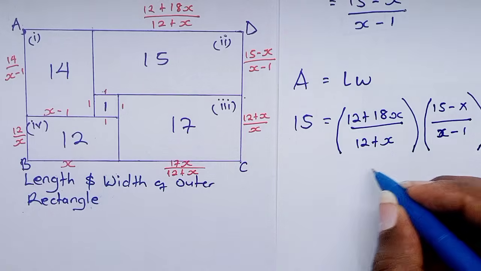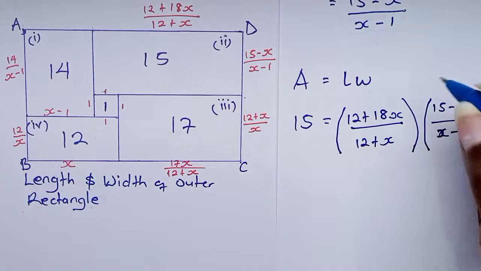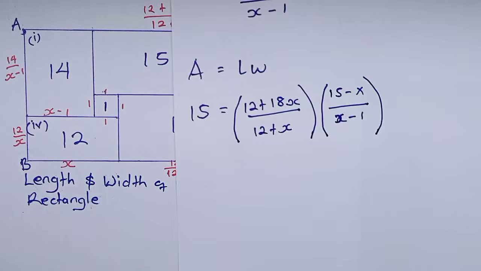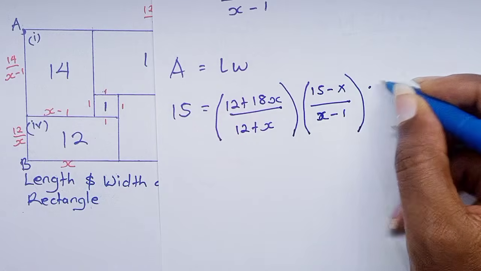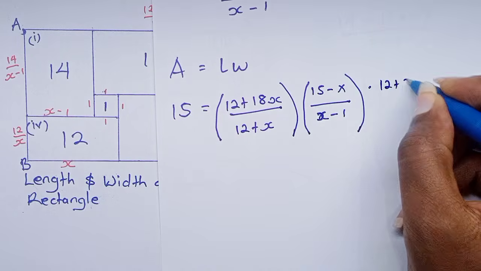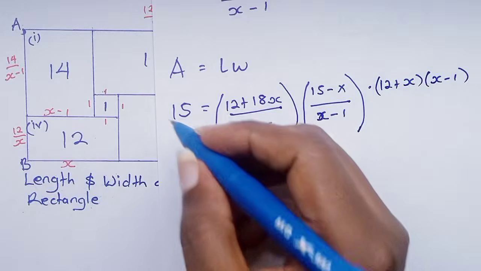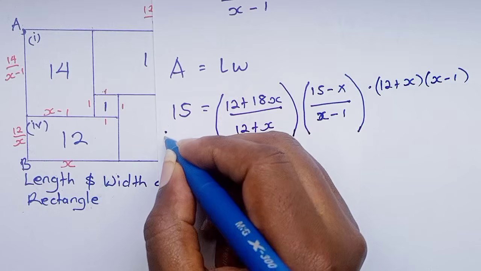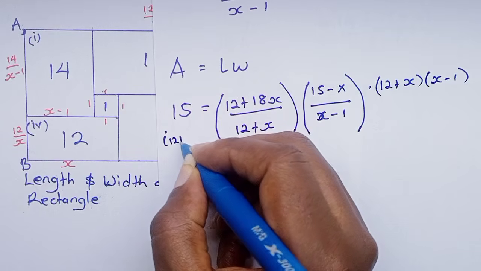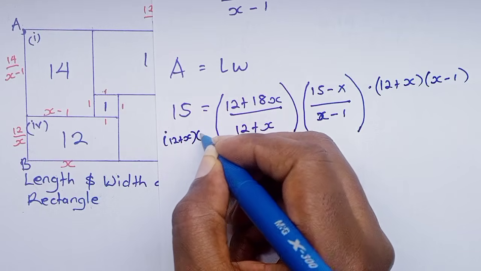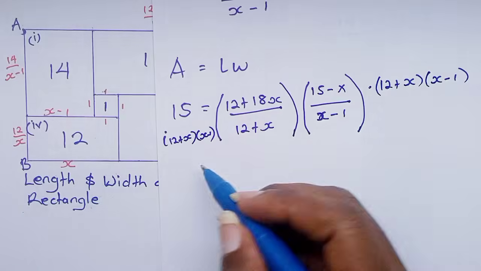So we multiply this side times 12 plus x into x minus 1, also times 12 plus x into x minus 1 on this side as well.